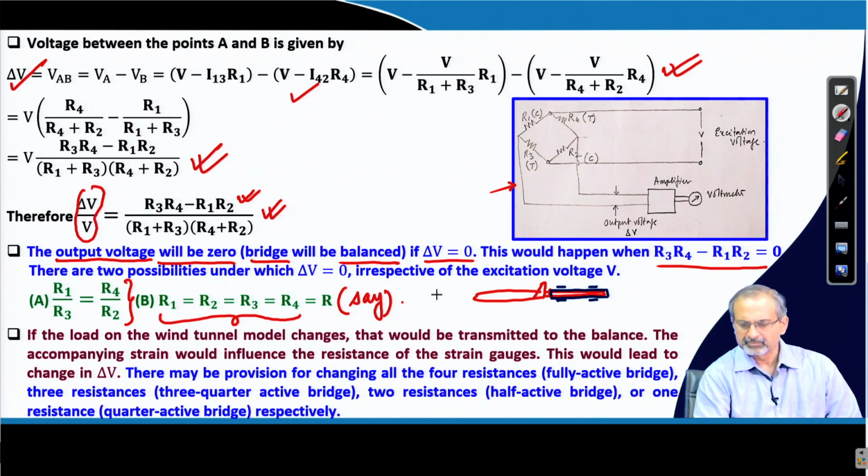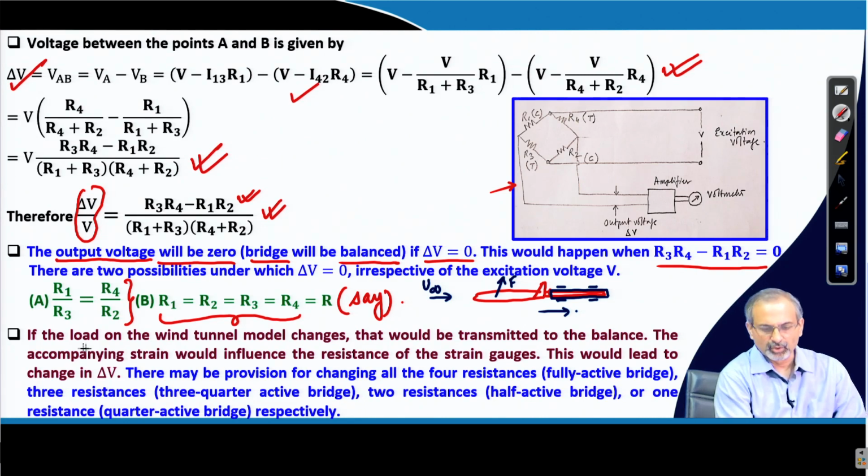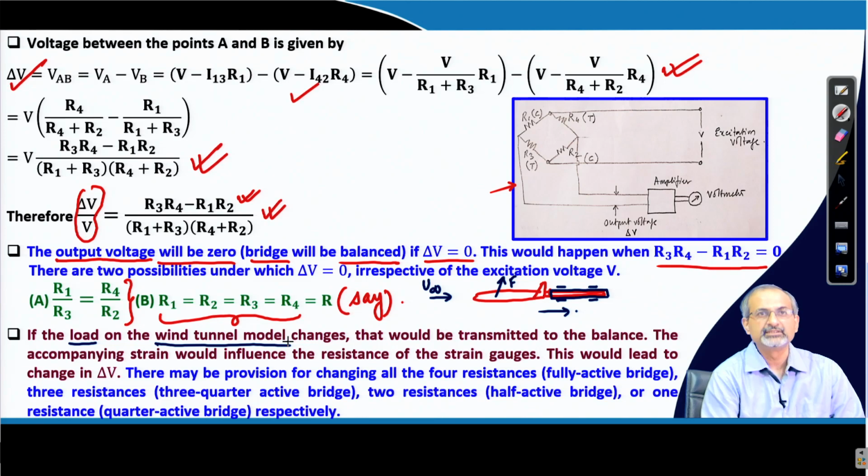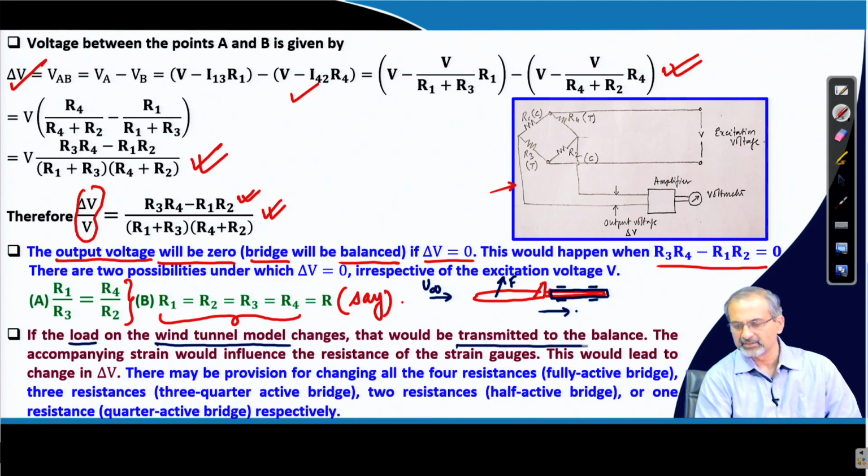So, when the flow moves past the model, it generates forces and moments, and that is transmitted to the balance. If you change the velocity of the flow or if you change the inclination of the body, then obviously the load on the wind tunnel model will change, and that would be transmitted to the balance. That is what we are talking about.